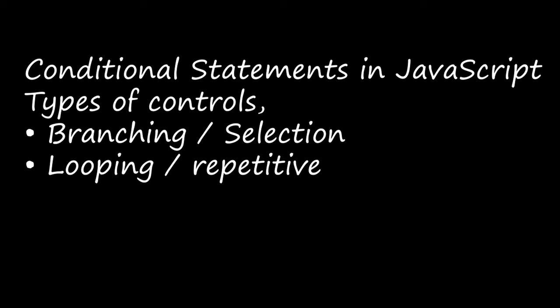From that word itself, we'll get the description of that. You just learn the types first. The types of these conditional statements are one is branching and the other one is looping. Branching means it is like a selective or selection, and looping is like a repetitive statement.